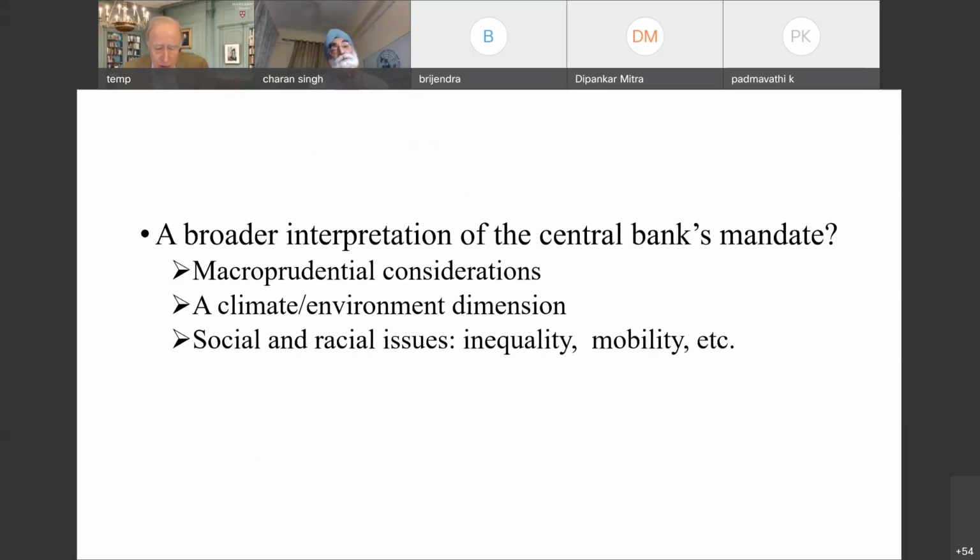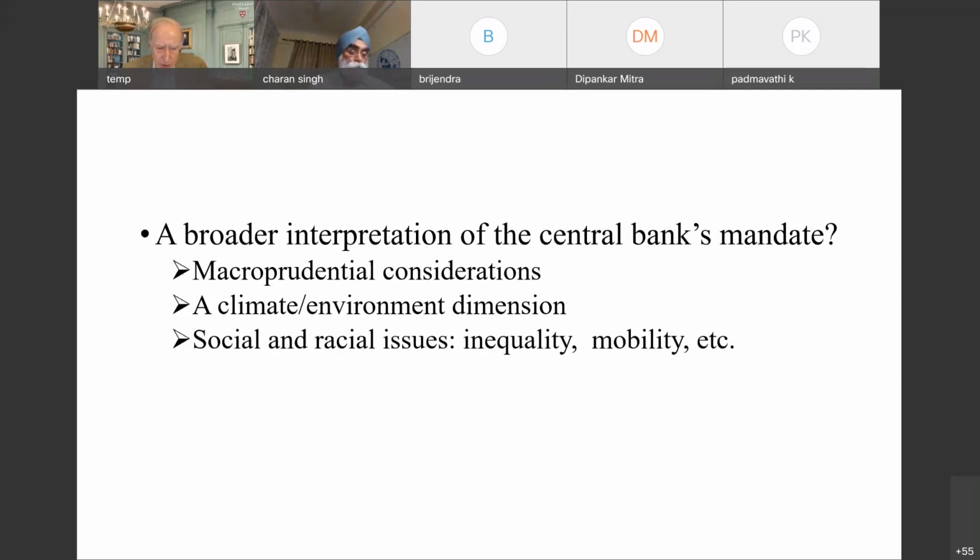What's also interesting, at least in the context of US monetary policy, is the movement toward a broader interpretation of the central bank's mandate. And there's a whole variety of considerations that the Federal Reserve is now at least supposedly taking into account, some of which we've had several years to analyze, things like macro-prudential considerations, but some of which are very new.